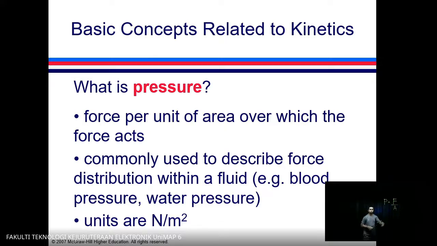Okay, so P is pressure, F is the force, A is the area. The unit is in Newton for the force. Area is meter square. So Newton per meter square. That is for pressure. Okay.